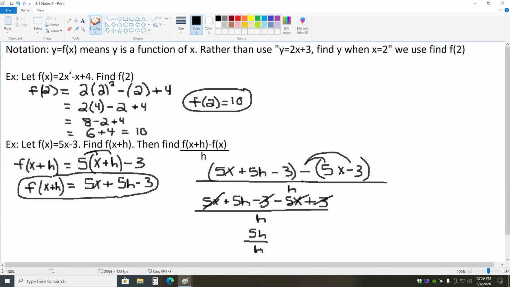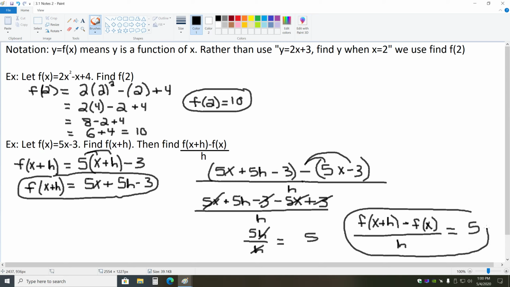And now h divided by h cancels out, leaving us with just 5. So f of x plus h minus f of x all over h is equal to 5.